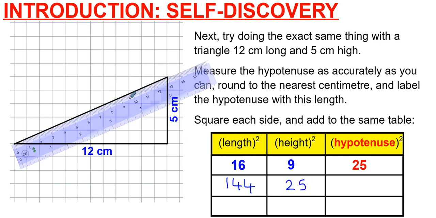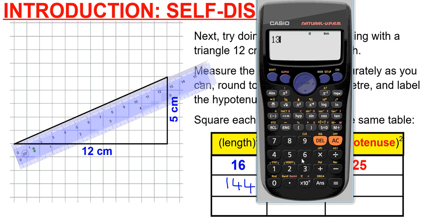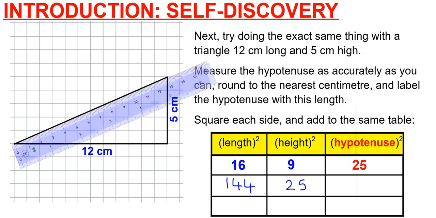And hypotenuse squared, 13 squared. I'll let you off if you want to try that on your calculator. But you should find that 13 squared comes to 169. Like so.